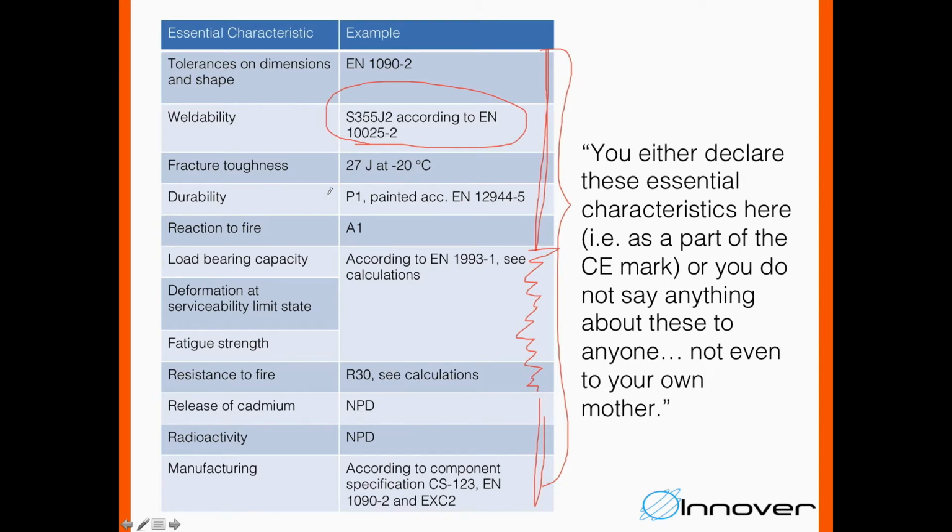Or if you have done anything in terms of corrosion protection, if you have wet painted it or done hot dip galvanizing, whatever, you can only do that through the CE marking. So if you want to communicate to your customer what you have done in terms of corrosion protection, what kind of steel you have used, what reaction to fire it has or how you have manufactured it, it can only be done through the CE marking.